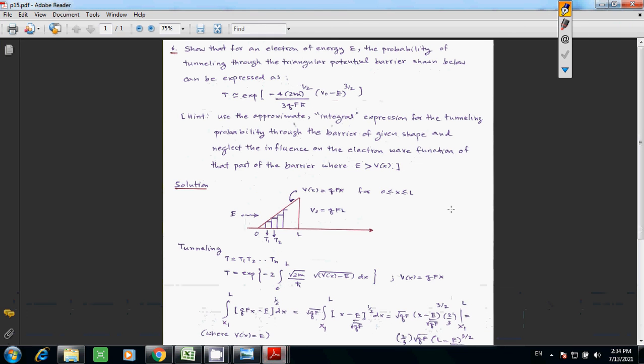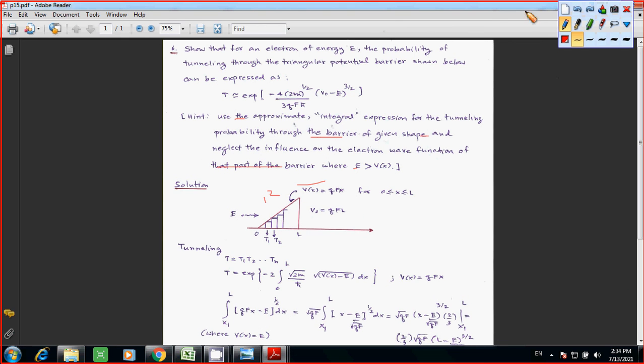Now let's go to the last problem. Show that for an electron of energy E, the probability of tunneling through the triangular potential barrier shown below can be expressed as this tunneling probability.